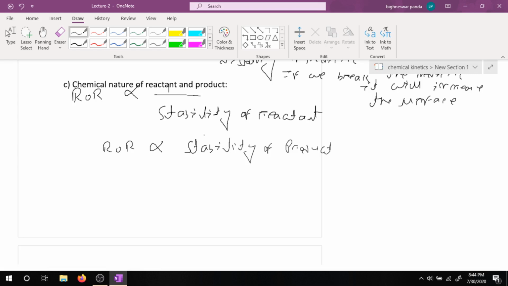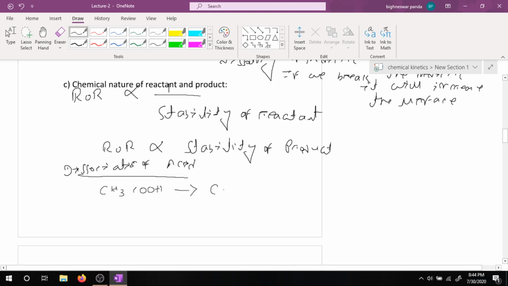If I have to give an example, consider dissociation of acid, that is CH3COOH gives rise to CH3COO minus plus H plus, and HCOOH gives HCOO minus plus H plus.